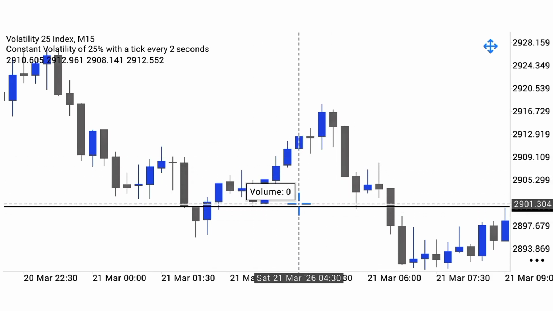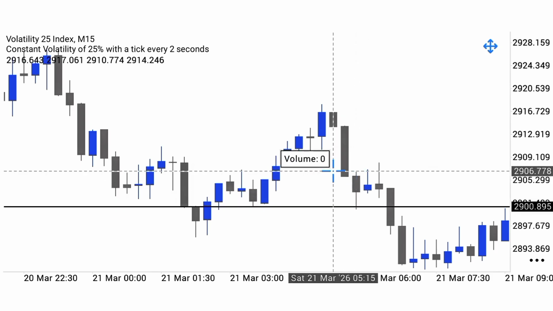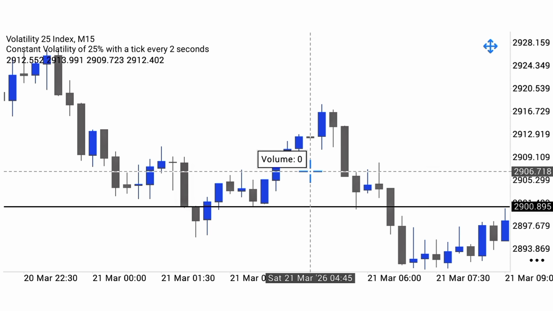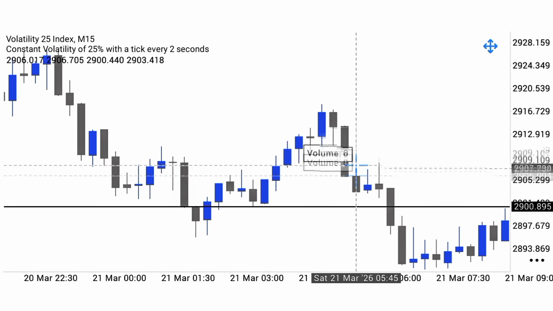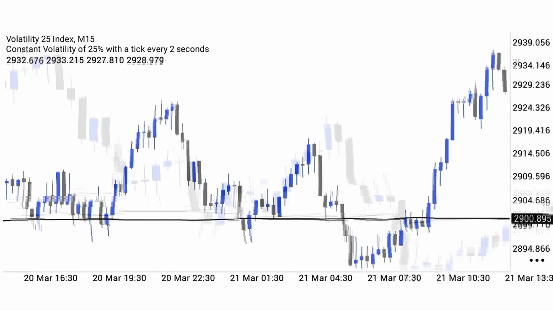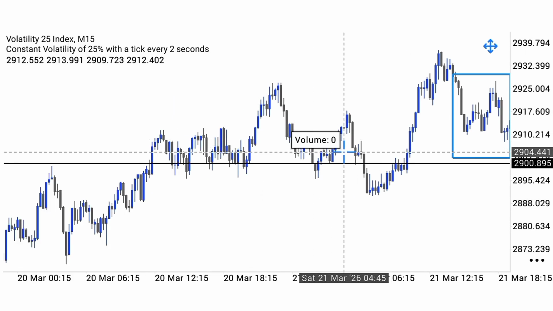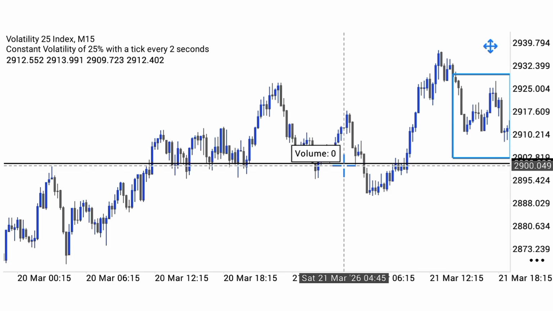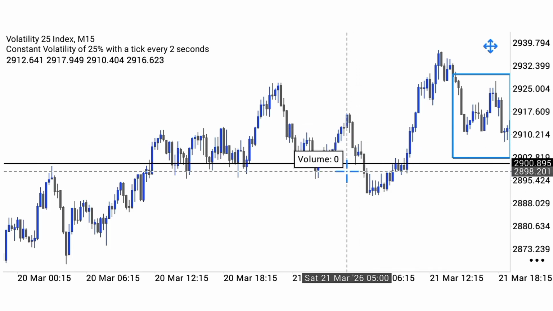So now the market has retraced to this line, but instead of giving us our bullish pin bar, it gave us a bearish pin bar. So right here we have a bearish pin bar, which I told you guys is not good for our trading strategy.